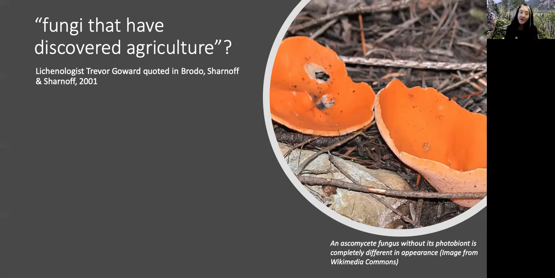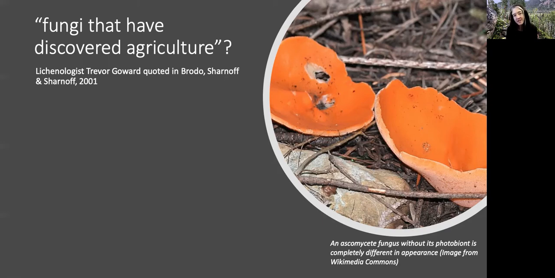A fungus that is not found in a lichen looks completely different. So this ascomycete, not in a lichen, looks very different than it does when it's in the form of a lichen. And the same is true of the photobiont partner. So together they make something very new.